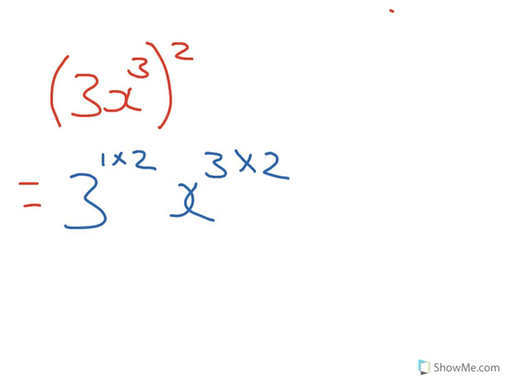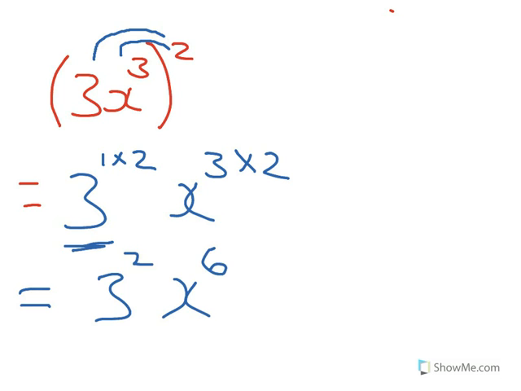Okay, meaning that the indice on the outside of the bracket needs to be multiplied by the indice on the 3 and the indice on the x. Now currently 3 here is just the number 3, which has the power of 1 times 2. When we use the indice on the outside of the bracket, this is going to give us the answer of 3 to the power of 2 times x to the power of 6.